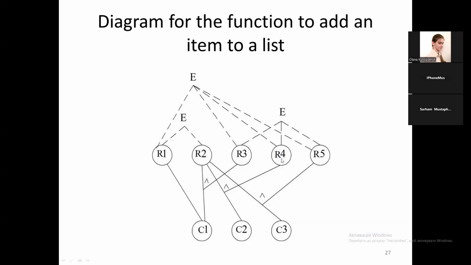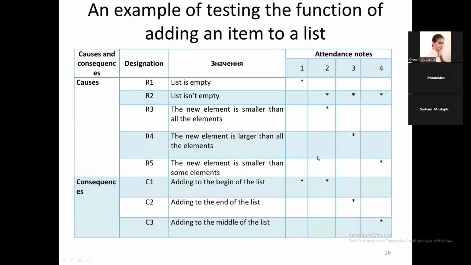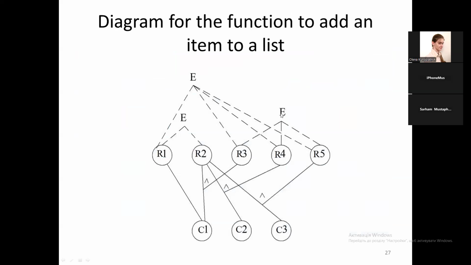Reasons 3, 4, and 5: new element is smaller, is larger, is smaller than some elements. There isn't a value that is smaller and larger at once. For this reason, we have the second exception of reasons. And this sign demonstrates this relation between reasons 3, 4, and 5.